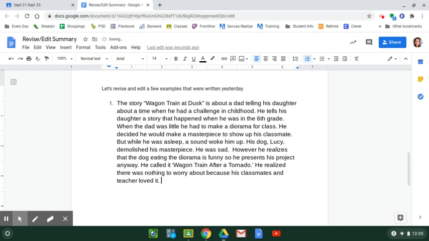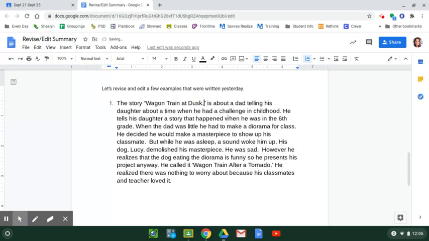Okay, so now let's reread again to make sure that our revising makes sense. The story Wagon Train at Dusk is about a dad, and I need a comma here, is about a dad telling his daughter about a time when he had a challenge in childhood. He tells his daughter a story that happened when he was in 6th grade. When the dad was little, he had to make a diorama for his class. He decided he would make a masterpiece to show up his classmate, but while he was asleep, a sound woke him up.